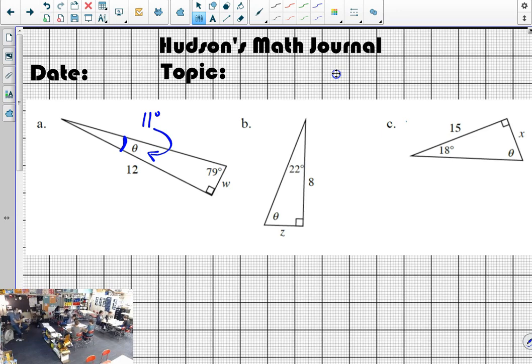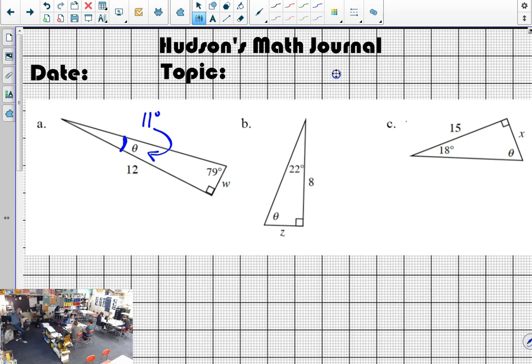How else is my trig table useful? What other information is on there that can benefit me? Yeah, 79 degrees. Since the angle is 79 degrees, you can know that it will be a ratio of 5 to 1. So we can use that ratio.